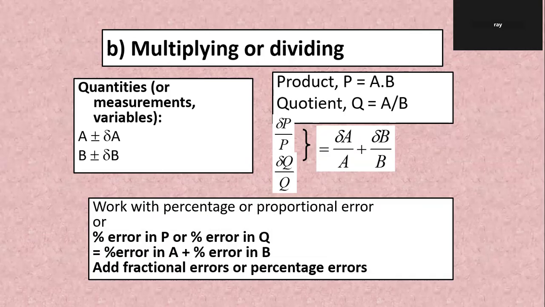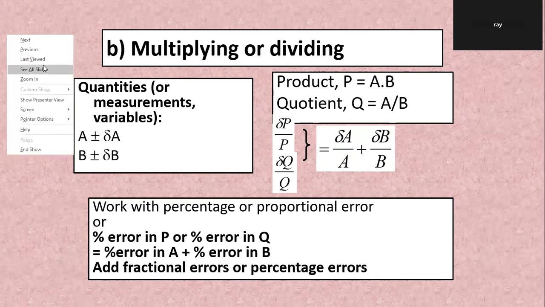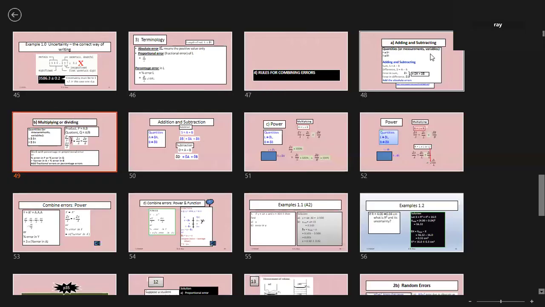Delta A over A plus delta B over B. That's called fractional error or proportional error. You must know what it is called.